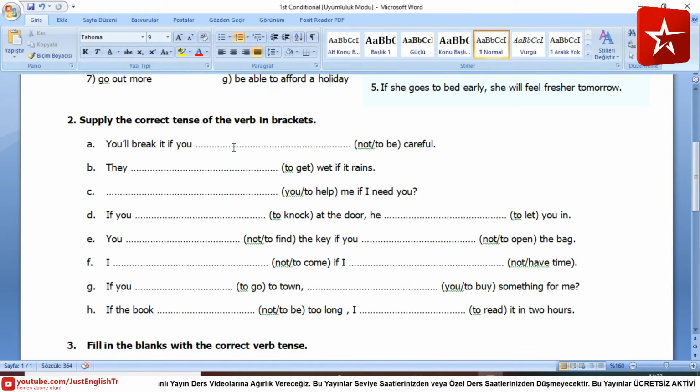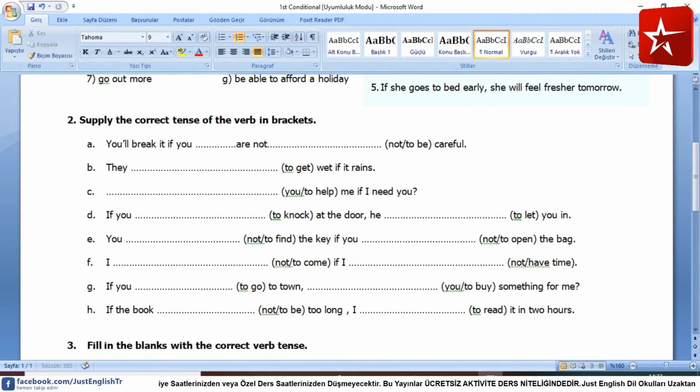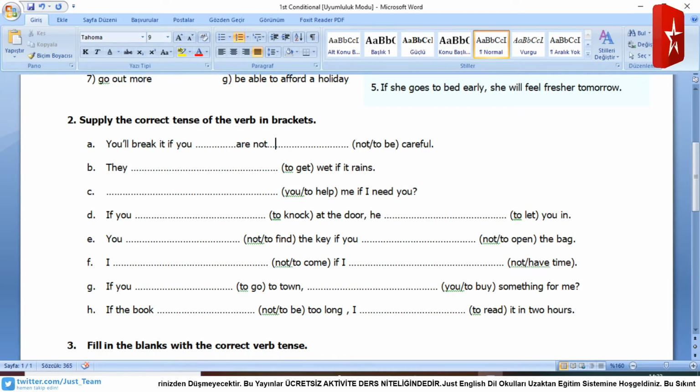Some of you say aren't. The correct answer is aren't. If you are not careful, yes. If you are not careful, you will break it.